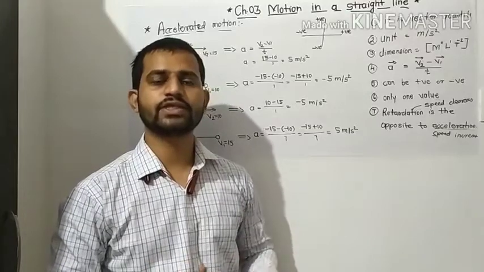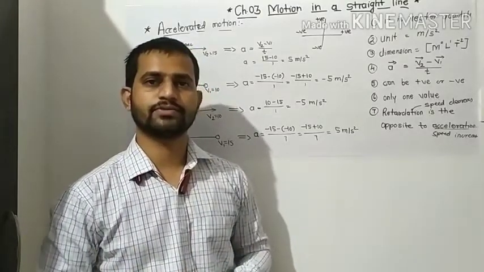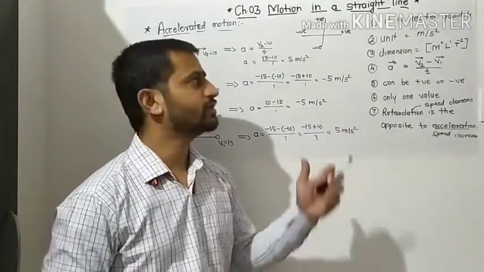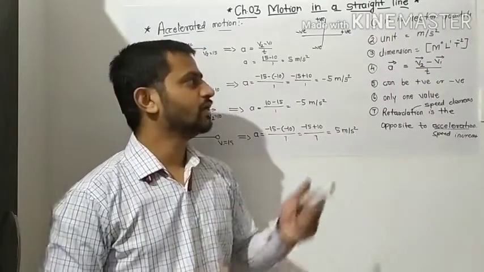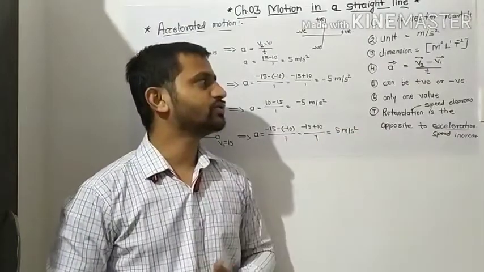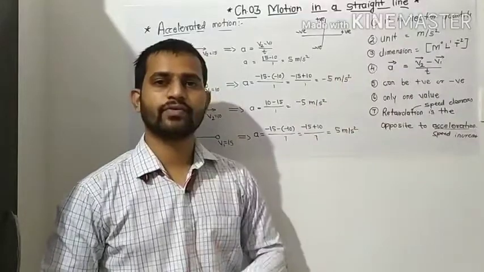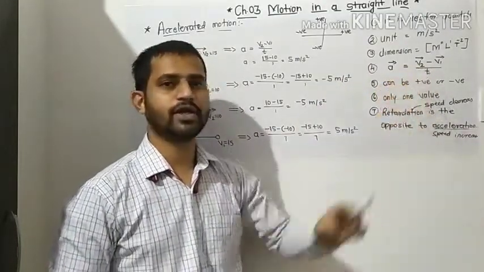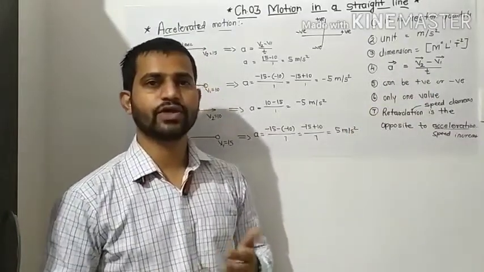We have to see this phenomenon in more detail in the next chapters. Whatever the specifications of the acceleration are, it is a vector quantity, it has the unit meter per second square, and the dimension M raised to 0, L raised to 1, T raised to minus 2. Then the acceleration is given as vector a equal to vector v2 minus vector v1 upon t, and it can have a positive or negative value, as we have seen here.